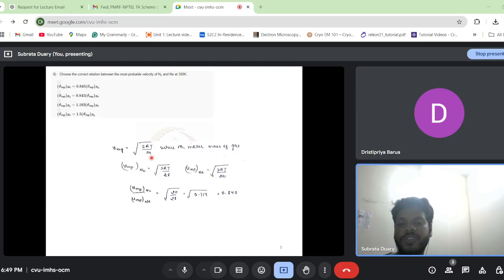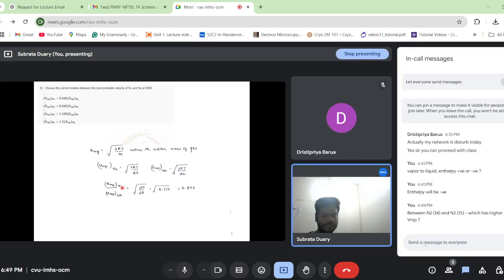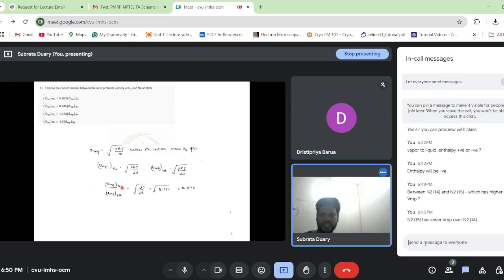As a result, nitrogen 15 has lower VMP than nitrogen 14. This is one of the important things: higher is the mass, lower is the most probable velocity. Any confusion?